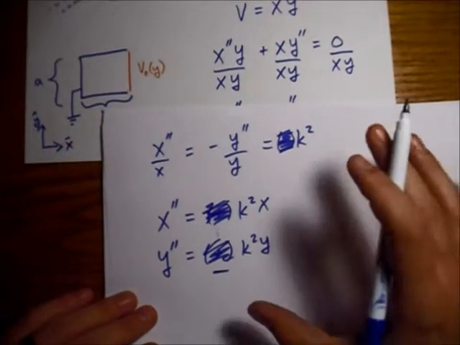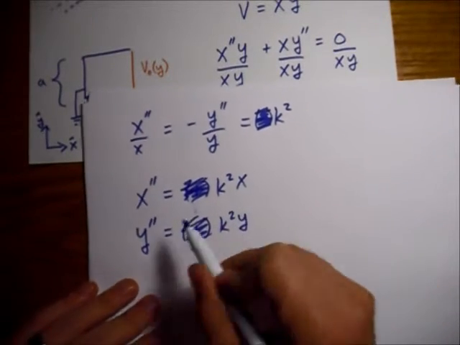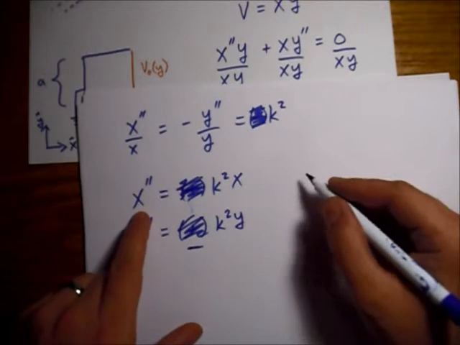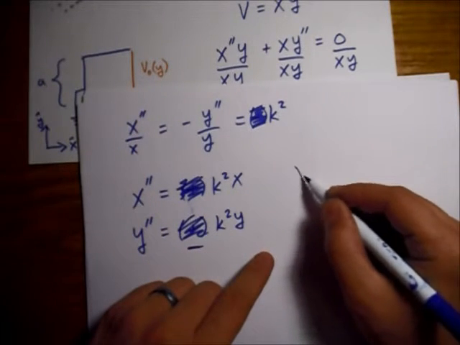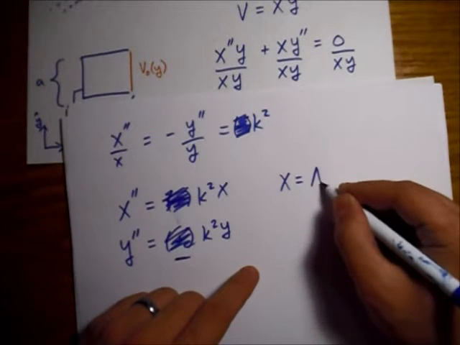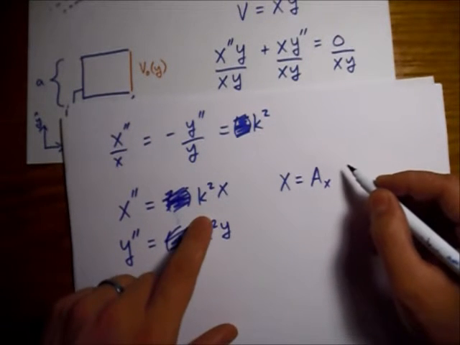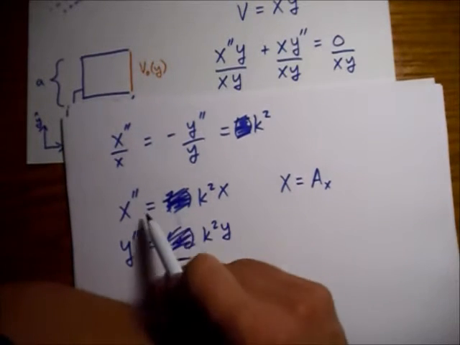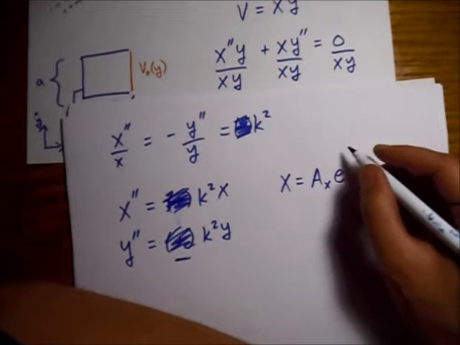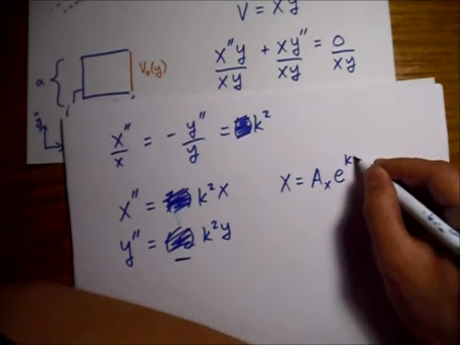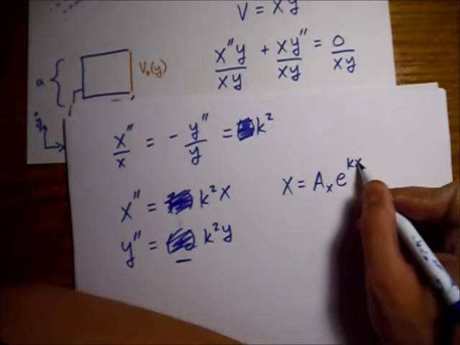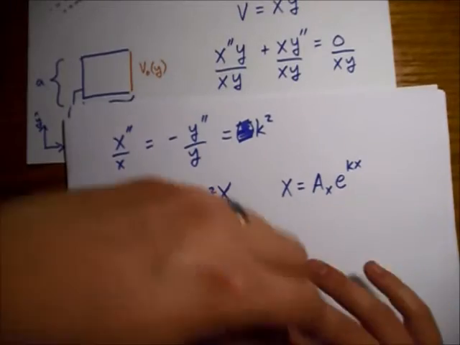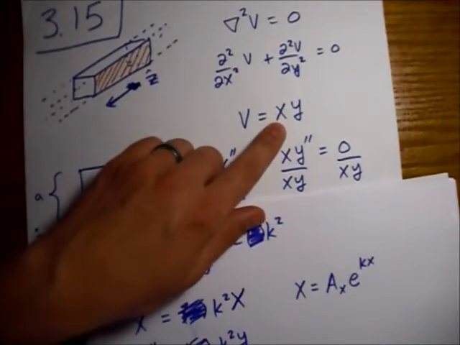All right, so looking at what we've got now, what we have are exponentials for x. Let's write out the solution to this equation. X is equal to, for now I'm just going to call this Ax, and sorry, I said complex exponentials, I just meant real exponentials. Ax e to the kx. This is a small x, the variable x, whereas this is a big X, which is our function X that we had up here.